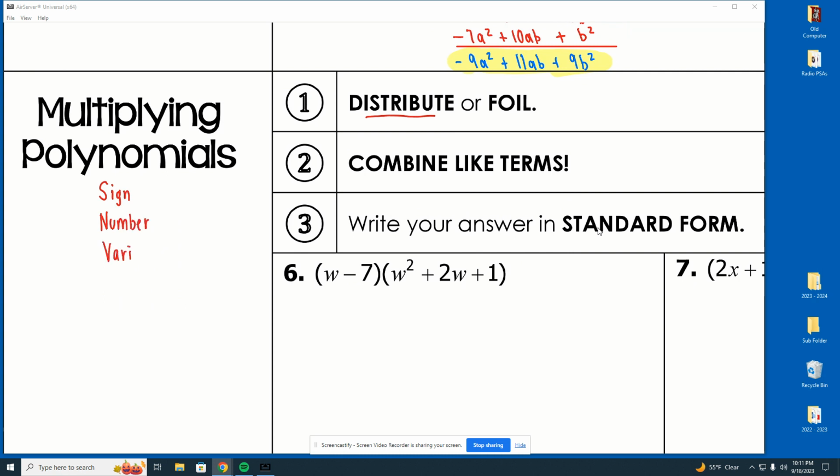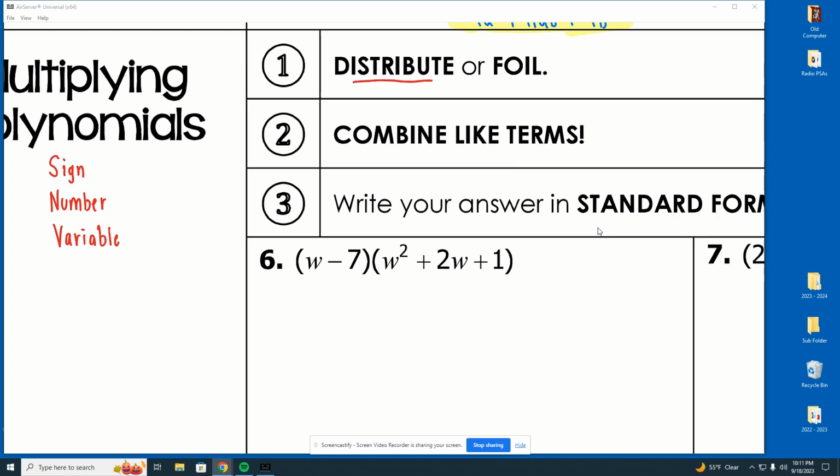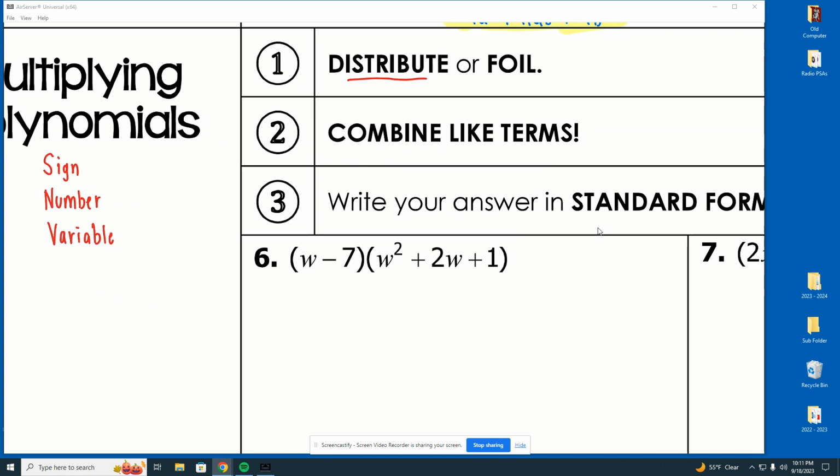Sign: is it positive times positive? That's positive. Negative times negative? That's positive. Positive times negative? That's negative. Number: remember, you're multiplying numbers. And with variables, you don't multiply the exponents, you add them. So be careful when you multiply to focus on those three things.